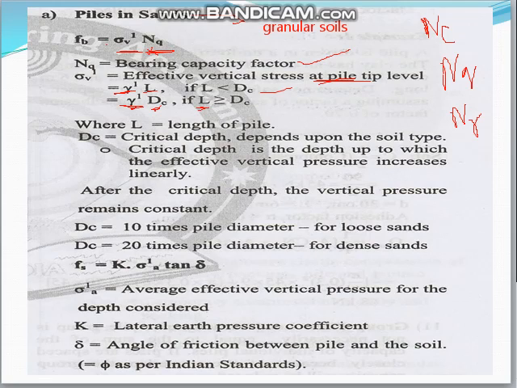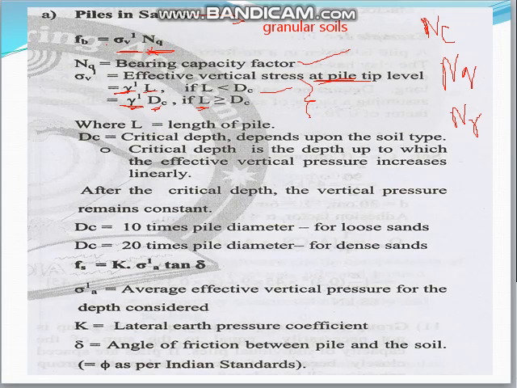So the effective vertical stress at pile tip level, sigma V dash, is equal to gamma dash into L or gamma dash into DC, depending upon this condition. Here L is the length of the pile and DC is the critical depth, which depends upon the soil type.